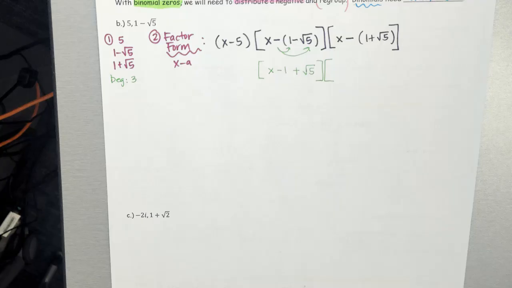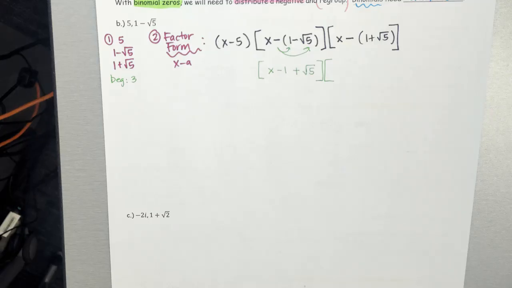So you distribute your negative. And then do you notice any values that are the same in both?